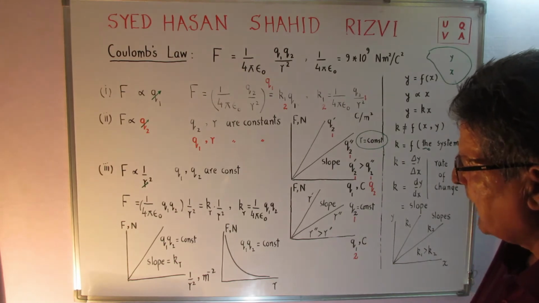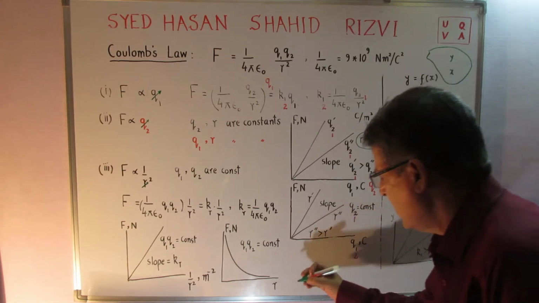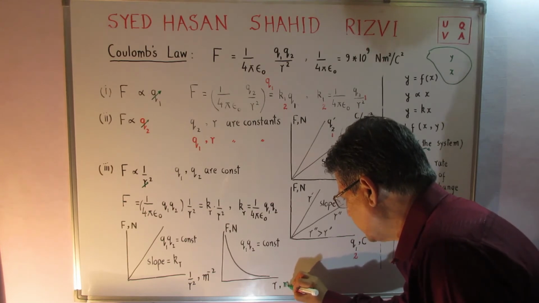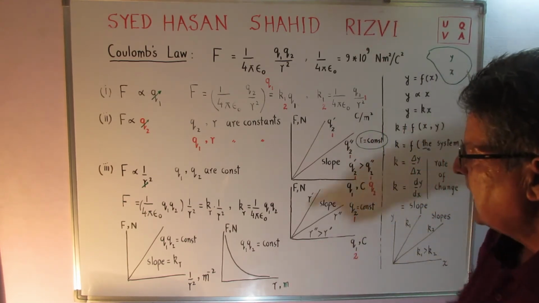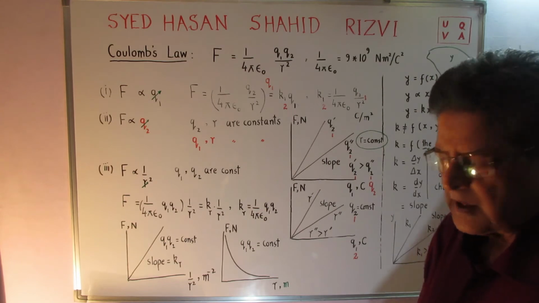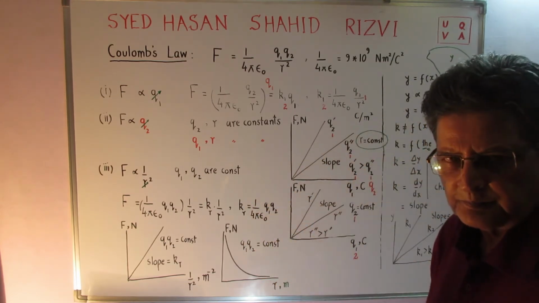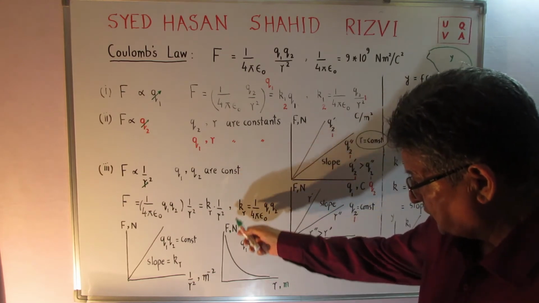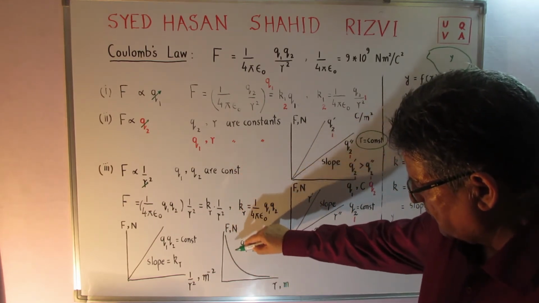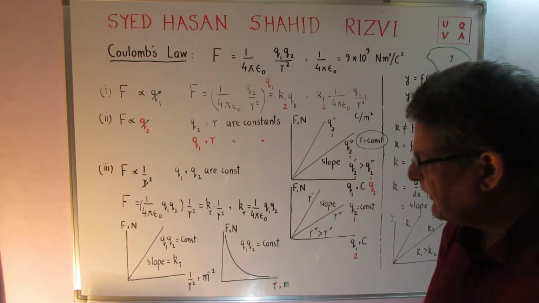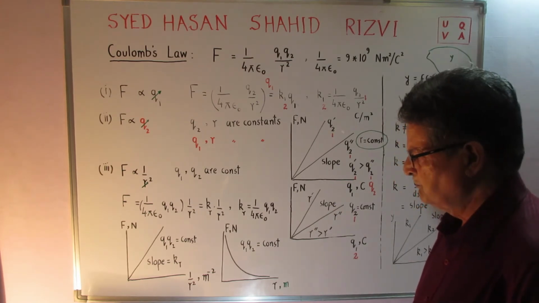So what is required is that I must have r in meters here, which we understand, the distance, and F in newtons. In that case you can see that as the value of r increases, because of this inverse square relationship, the value of the force will keep on falling and falling fast at that.